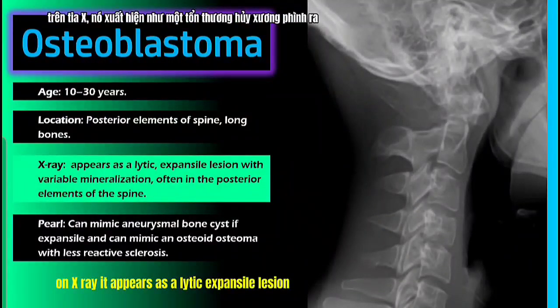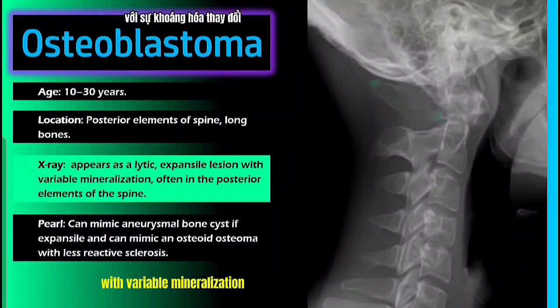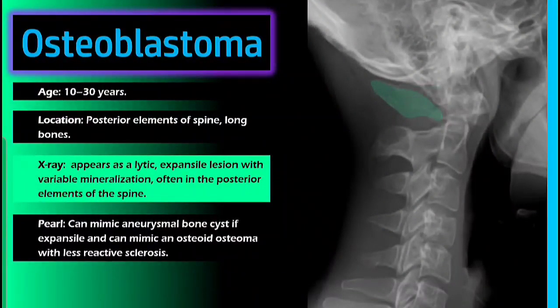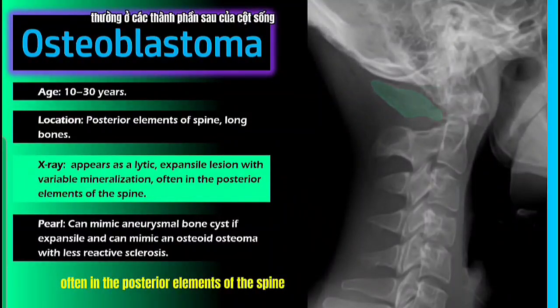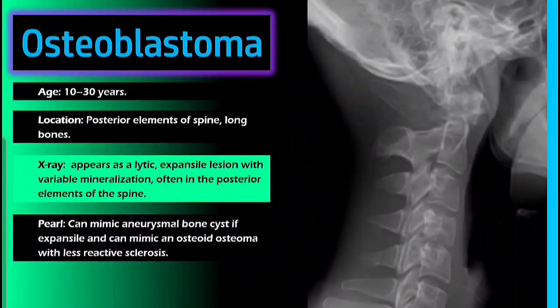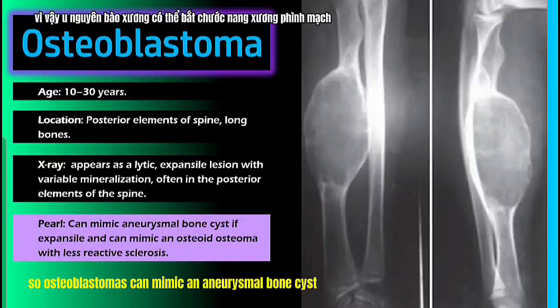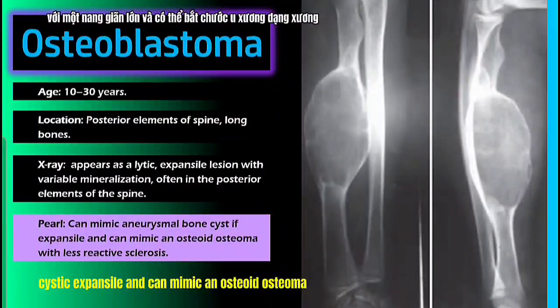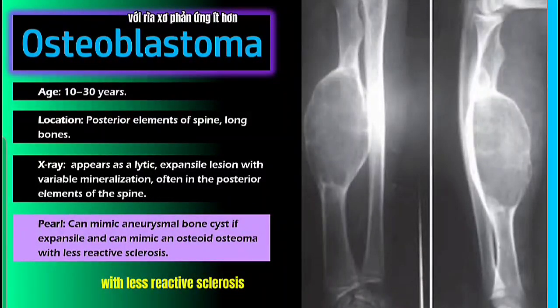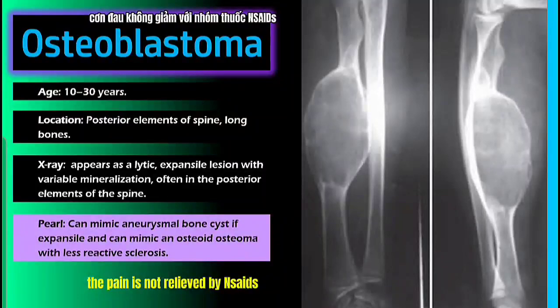On X-ray, it appears as a lytic expansile lesion with variable mineralization, often in the posterior elements of the spine. So osteoblastomas can mimic an aneurysmal bone cyst if expansile, and can mimic an osteoid osteoma with less reactive sclerosis. And unlike an osteoid osteoma, the pain is not relieved by NSAIDs.